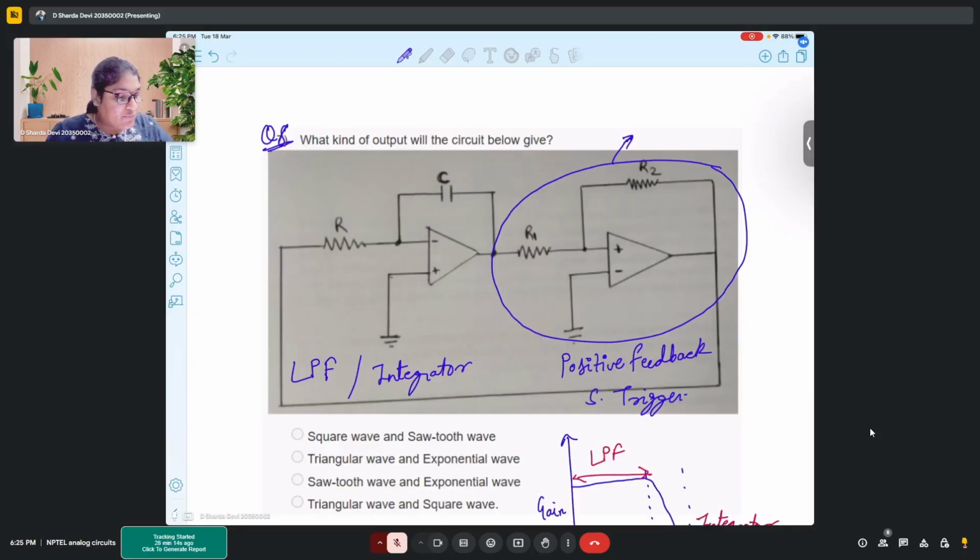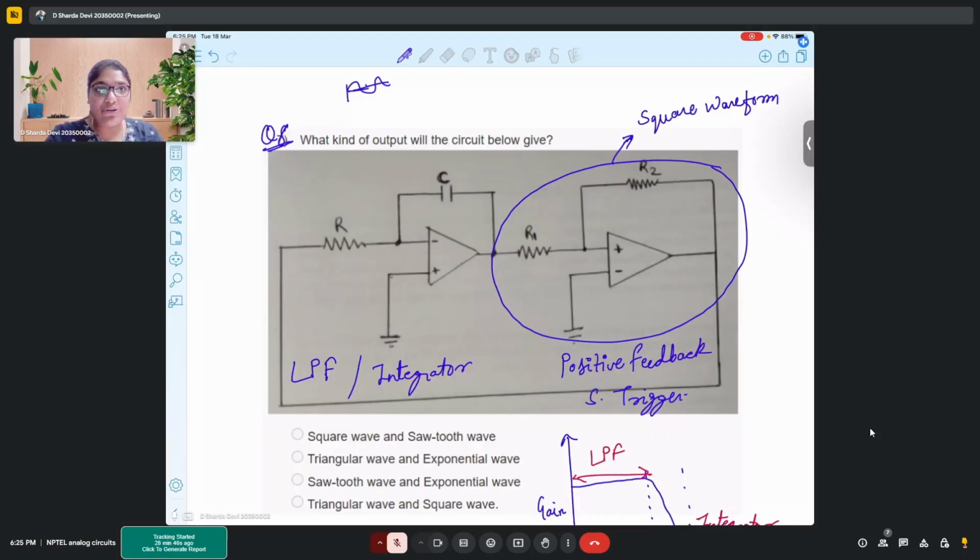A Schmitt trigger gives you a square waveform, right? When you have a Schmitt trigger, you get the output as a square wave. That's what we discussed yesterday, right? It was converting a sine wave into a square wave, or similar signals into a square wave.